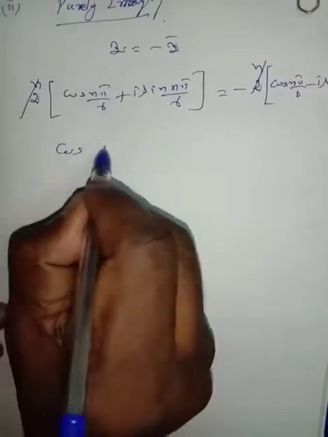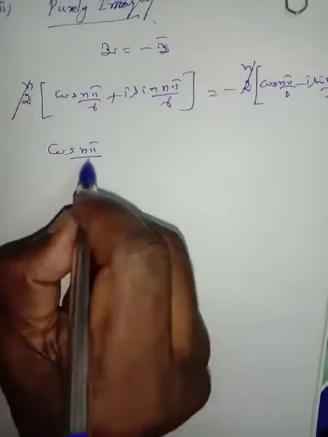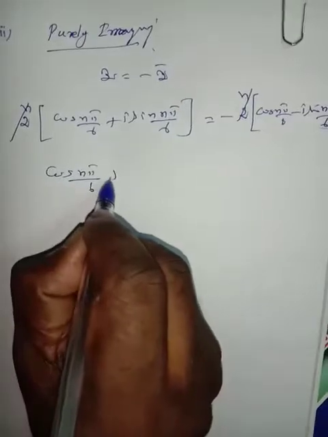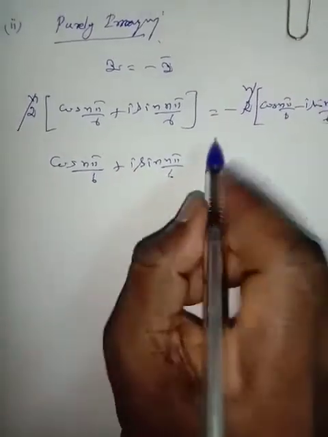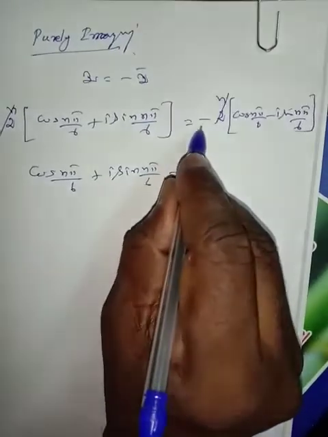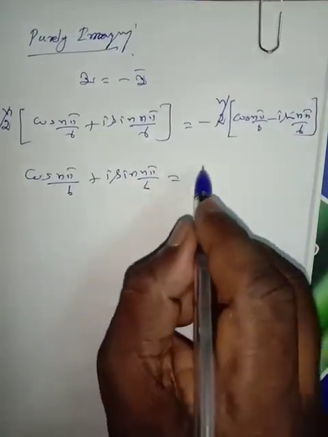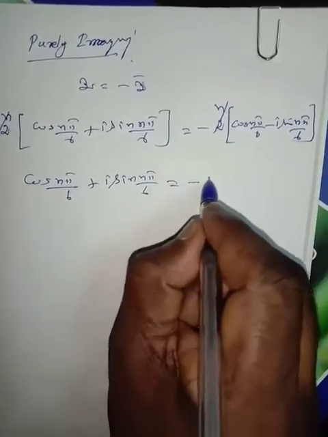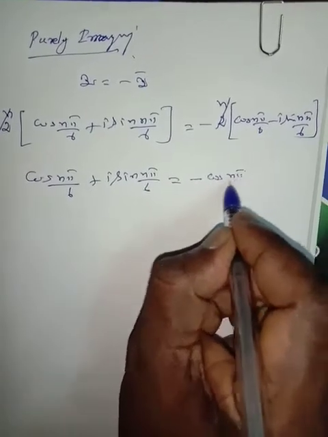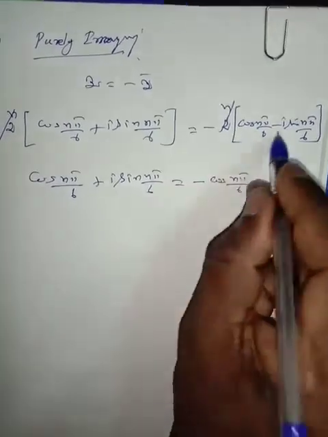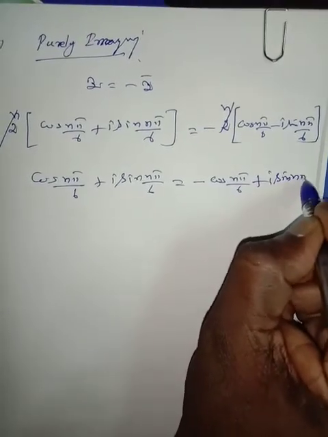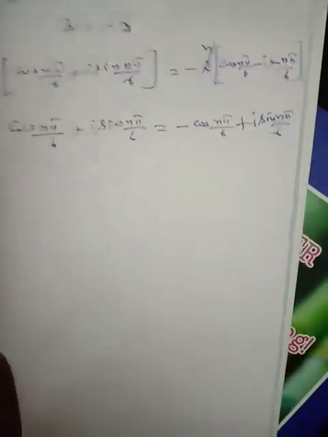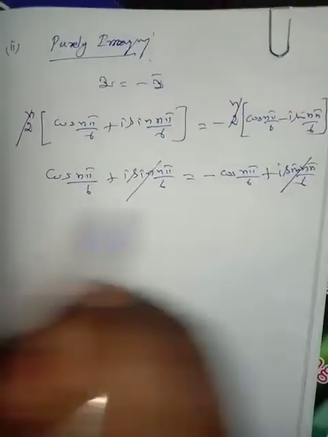Cos n pi by 6 plus i sin n pi by 6 is equal to multiply by minus 1. We get minus cos n pi by 6 minus of minus positive plus i sin n pi by 6. Now this and this are cancelled.